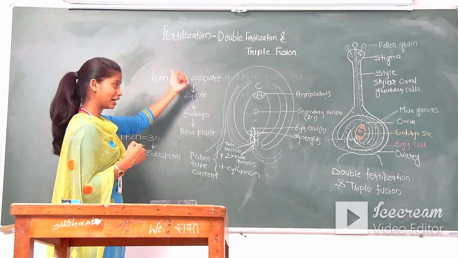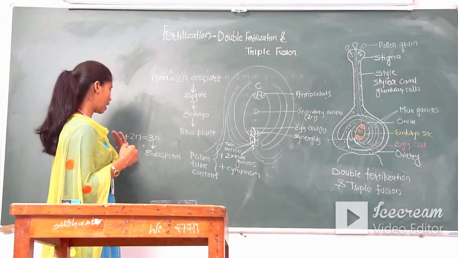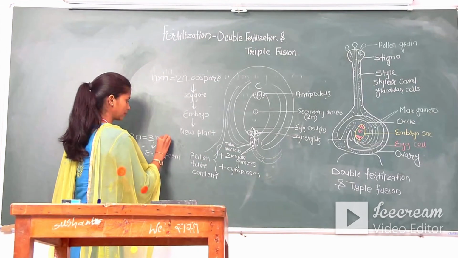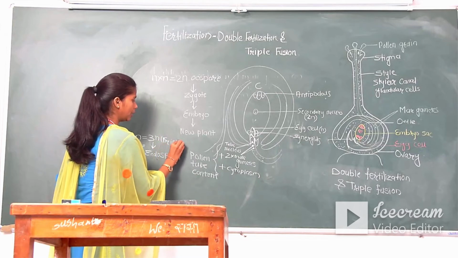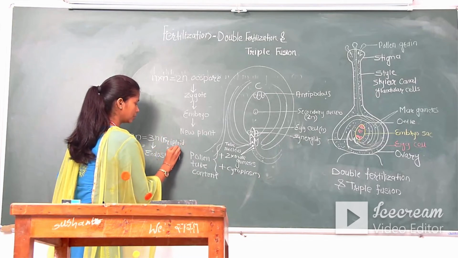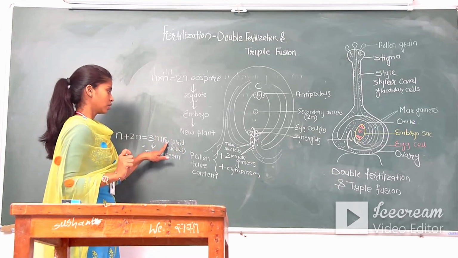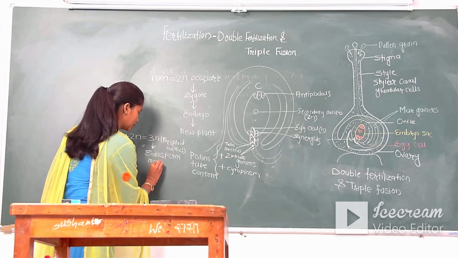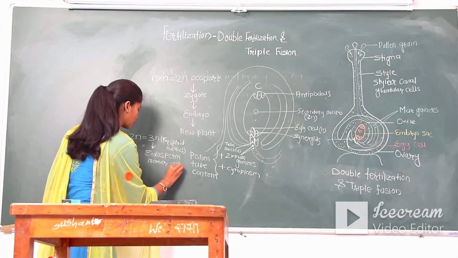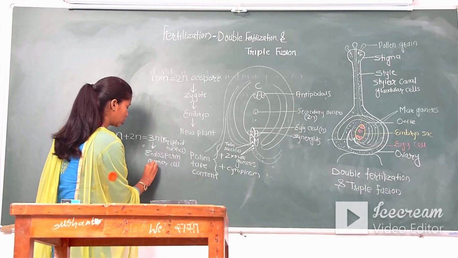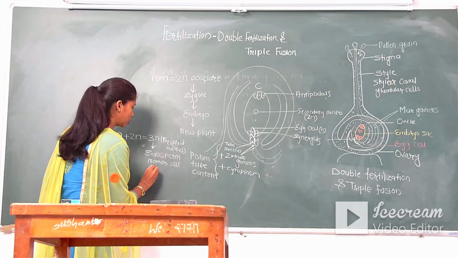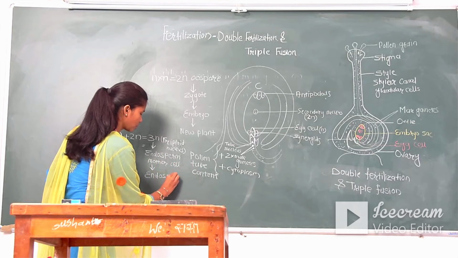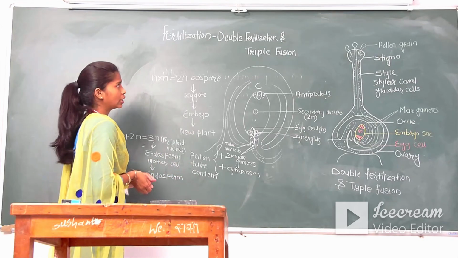What happens in the second reaction? Three haploid nuclei fuse to form a triploid nucleus. This triploid nucleus is the nucleus of the endosperm mother cell, and this endosperm mother cell will give rise to endosperm, which is a product of double fertilization.